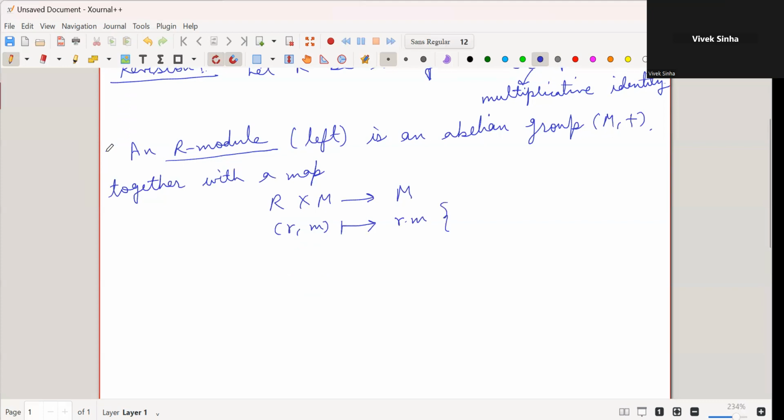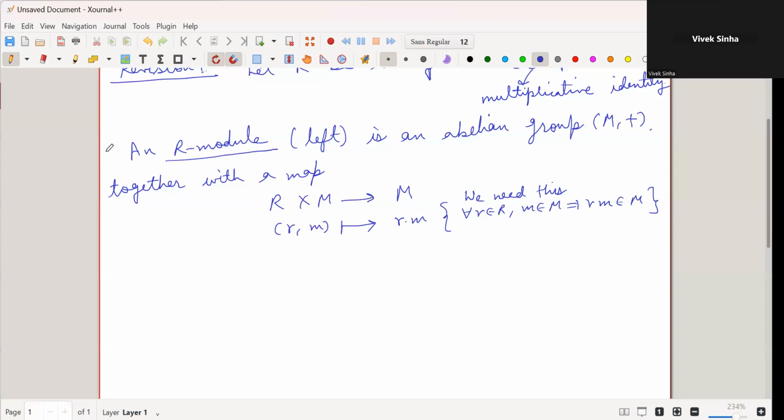From here you get that for all r belonging to R and m belonging to M, r m should be inside M.